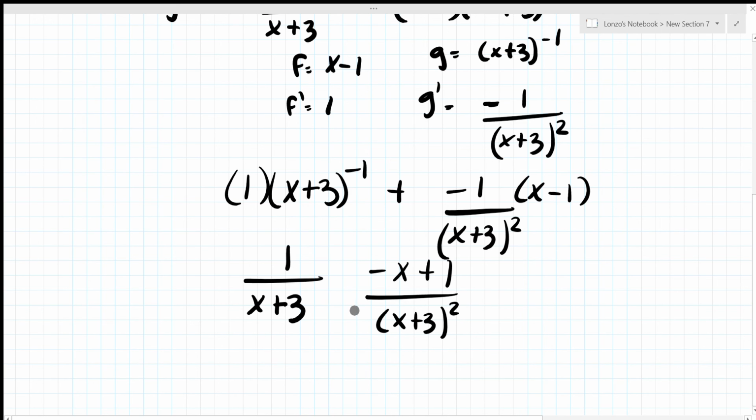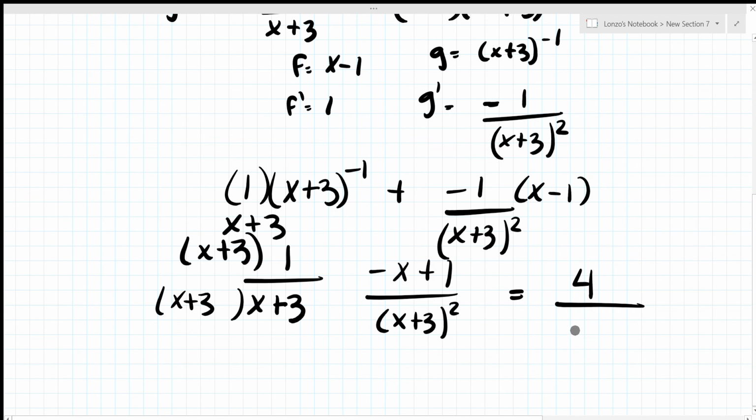Okay, I need a common denominator. The common denominator is x plus 3 squared, so all I'm missing is an x plus 3. You combine this with x plus 3 plus negative x plus 1, and you're going to get 4 over x plus 3 squared.